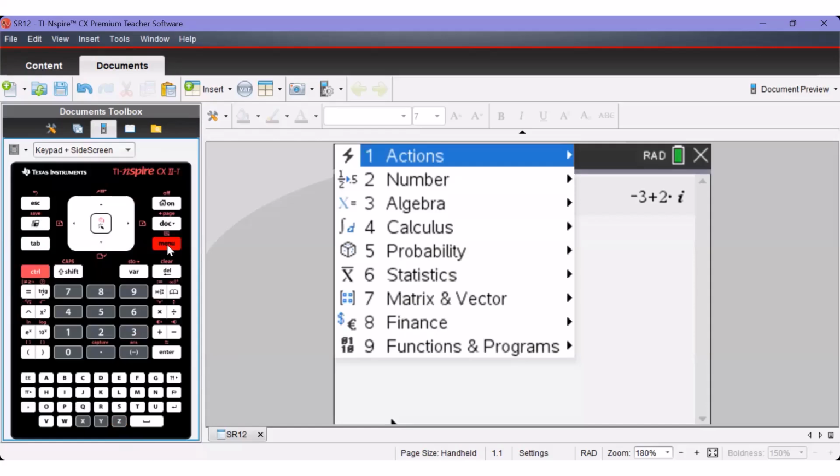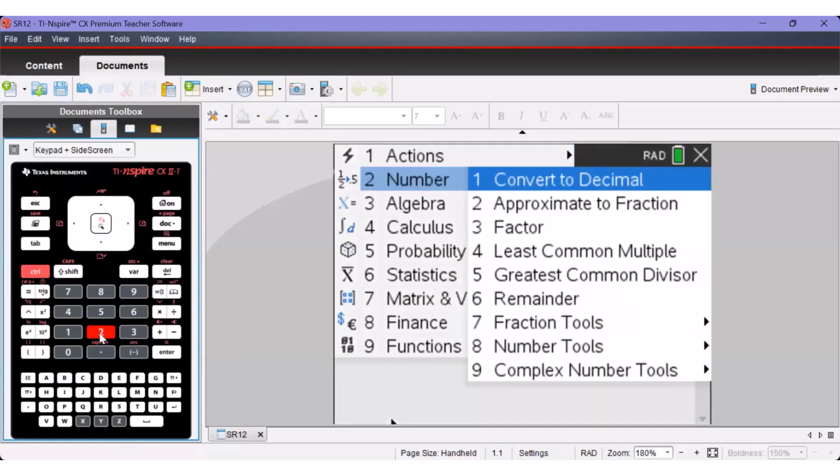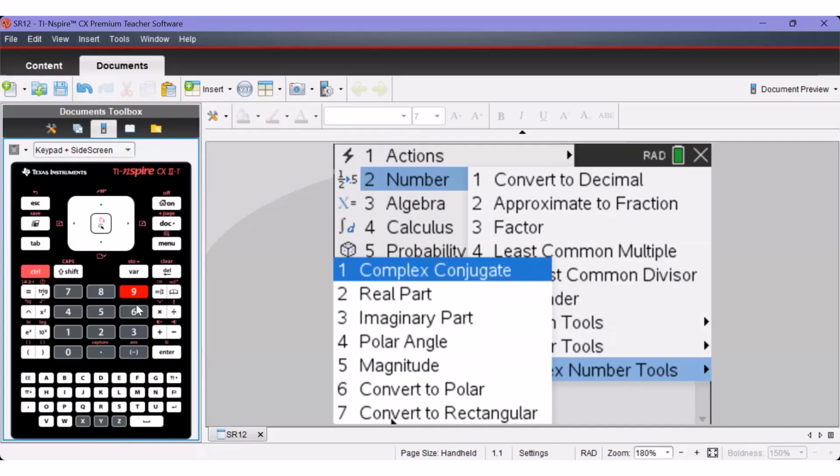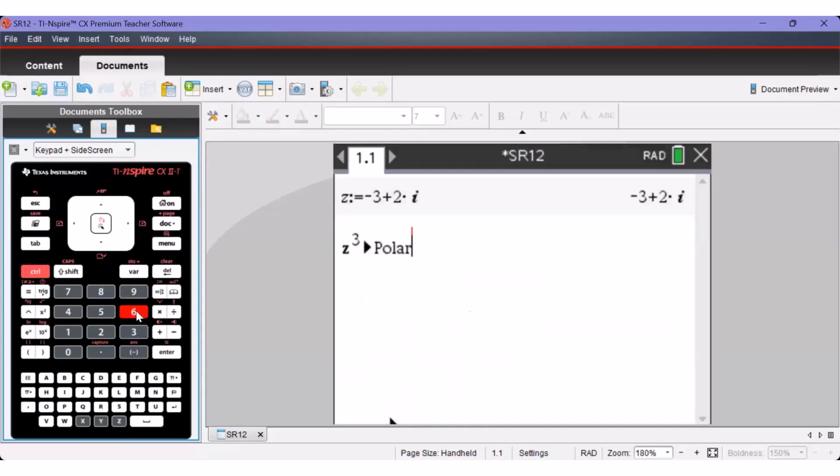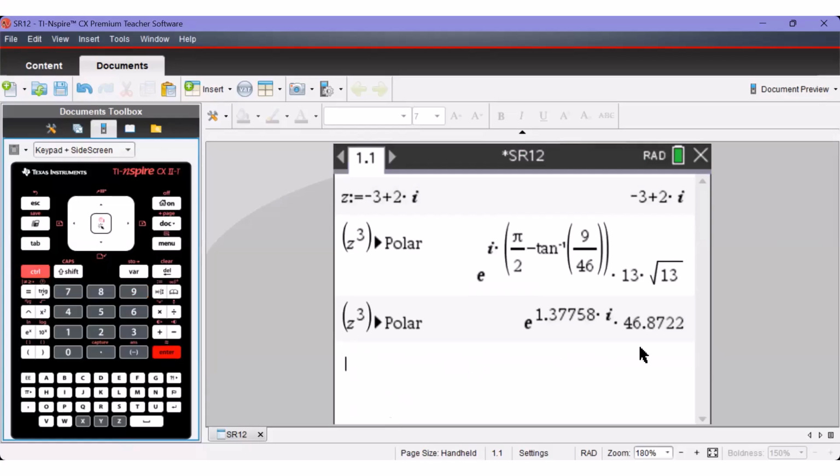Let's press menu. Select number by pressing 2. Select complex number tools by pressing 9. And select convert to polar by pressing 6. And press enter. Once again, we get an exact answer, but if we press control enter, there we get our decimal answer.